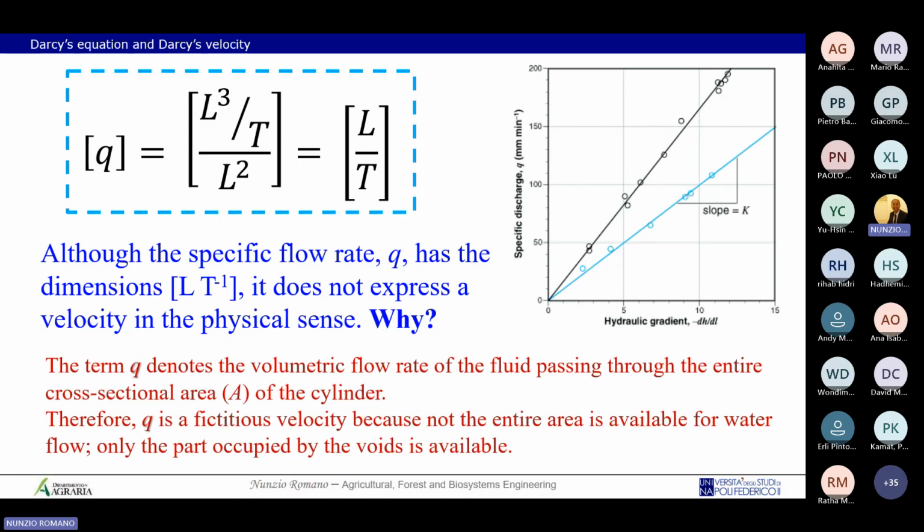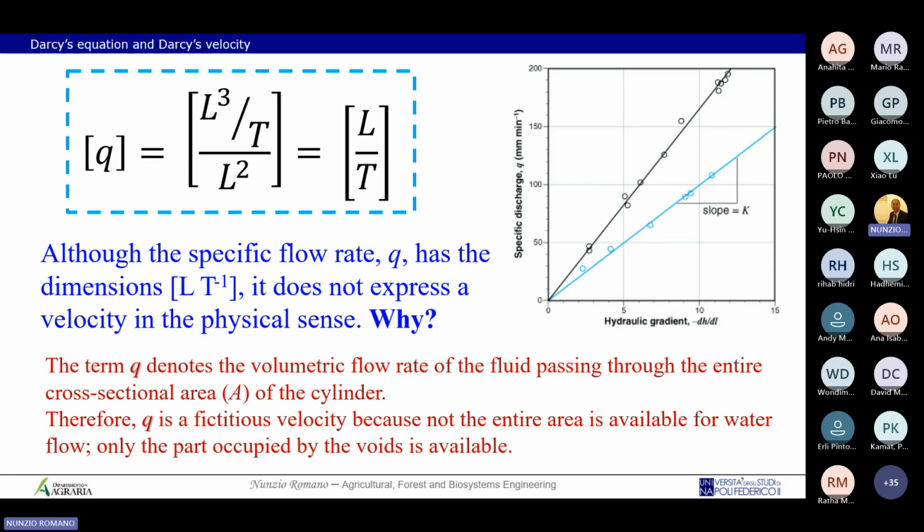Why? The reason of this is that Q is the volumetric flow rate divided by the entire cross-section area, but this is not the real case, because the cylinder has the sand, and there are the sand particles. So not the entire cross-section area is occupied by voids.